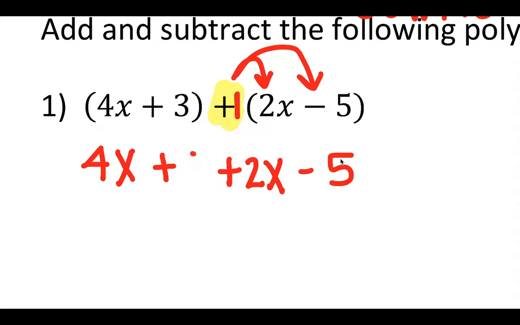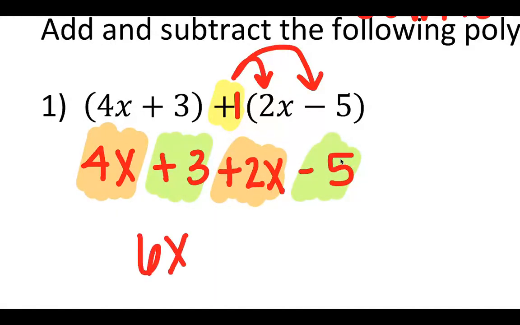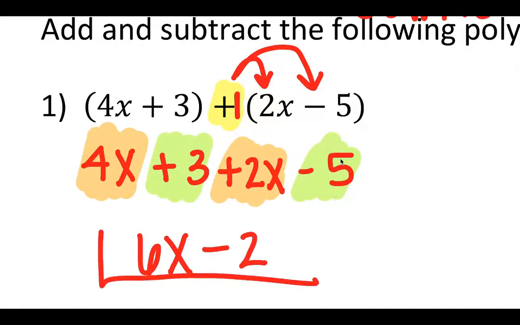So now I've gotten rid of those parentheses. Now I can just go to combining my like terms. So anything with an x as a last name can get combined with an x. Anything that doesn't have a last name can get combined. So we've got 4x's plus 2 more x's is 6x's. 3 minus 5 is negative 2. And that is as simplified as it gets because I can't combine 6x minus 2. They don't have the same last name.